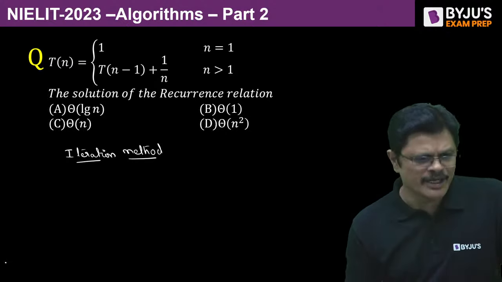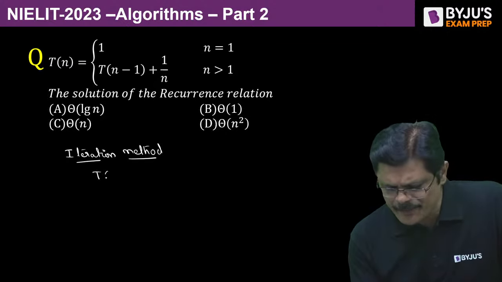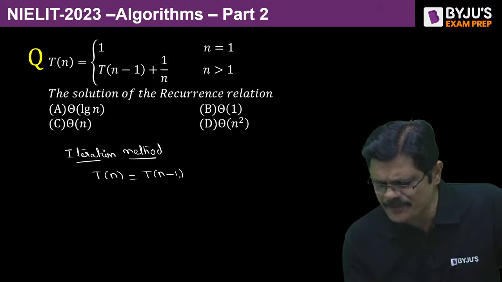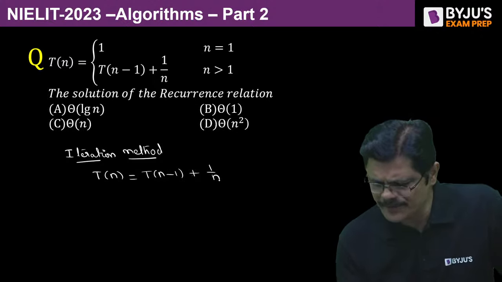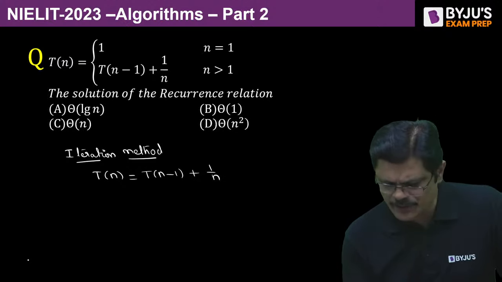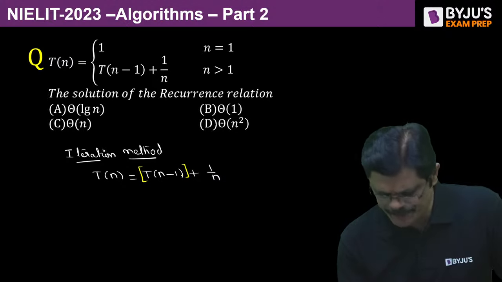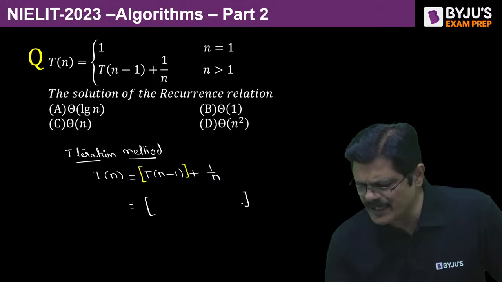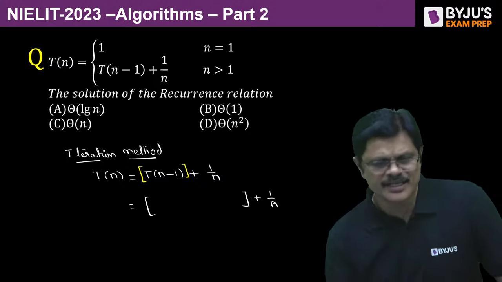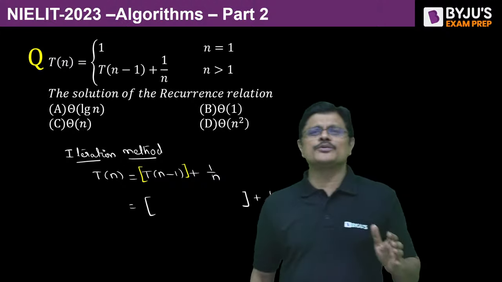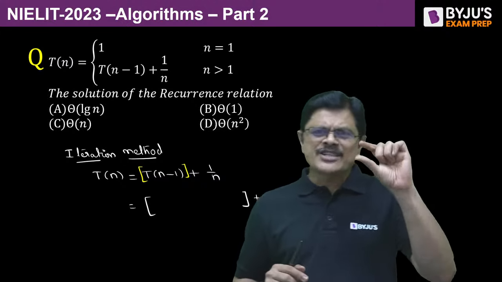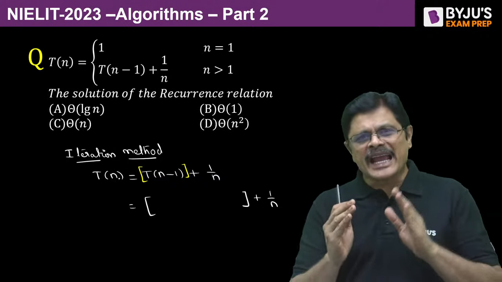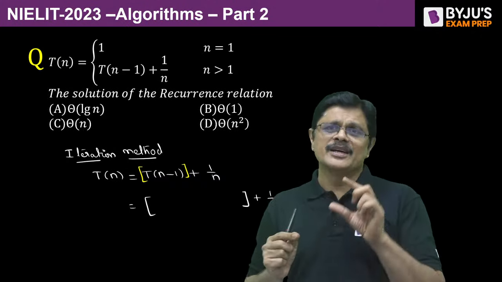So let us see this. T(n) is given as T(n) = T(n-1) + 1/n. Here, if you observe, this is T(n-1), so I'll just keep its value in brackets and write 1/n as it is. In place of n, now we have n-1.